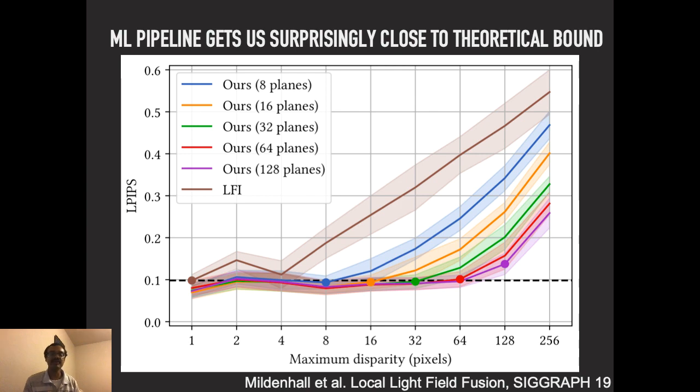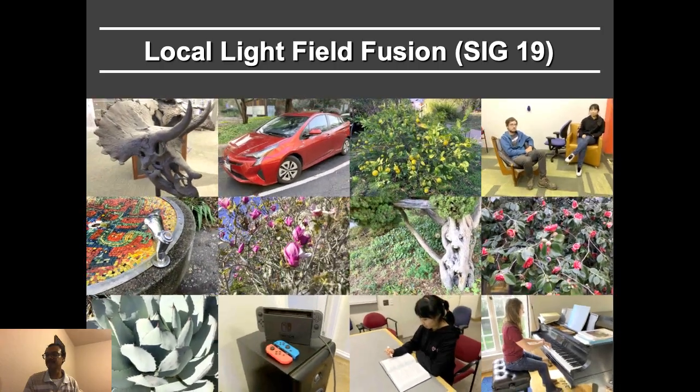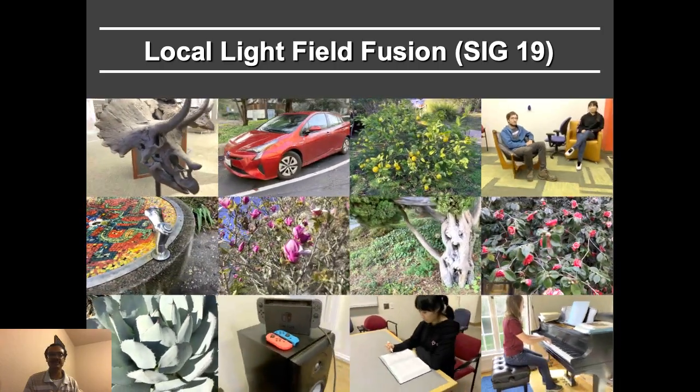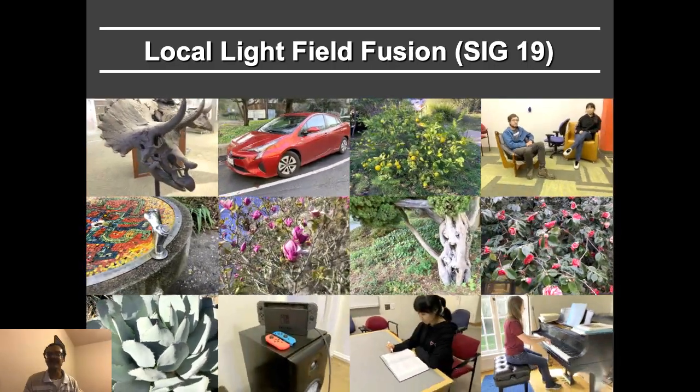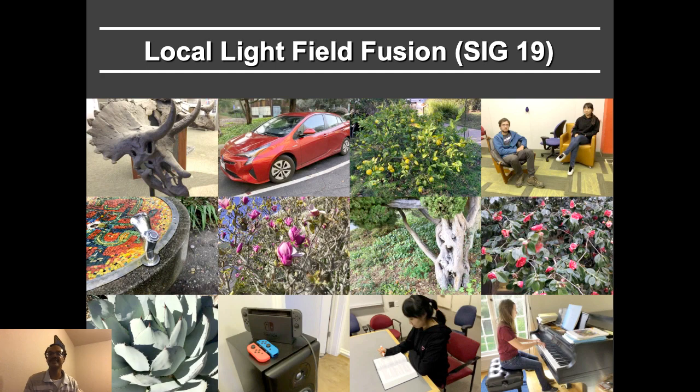This is another of the meta-level insights of this talk, to combine physically motivated ideas and sampling theory with methods from machine learning. We've applied this method to a number of different scenes with complex reflectance, complex occlusion, and we can produce light fields for all of these scenes from a sparse set of images.